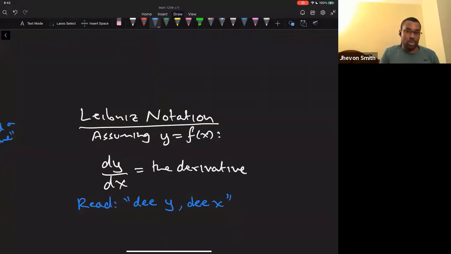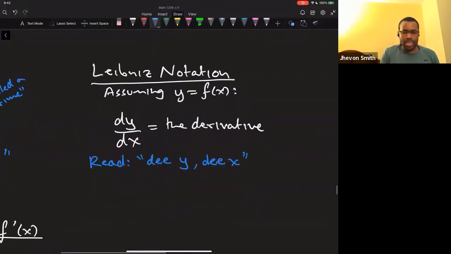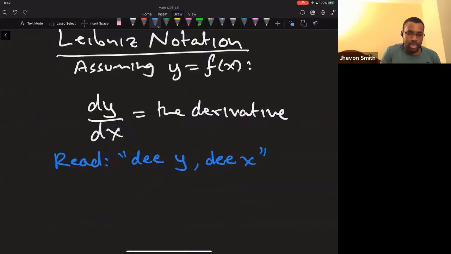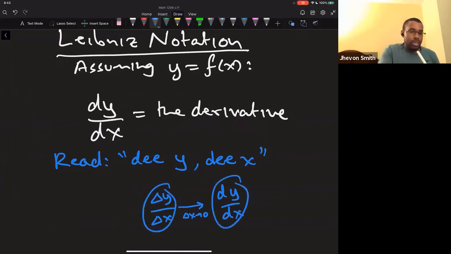He used a different notation. He used this guy, dy dx. That's how this is read. And that's because you're taking the change in y over the change in x, and you're making the distance in x go to 0, and you get dy dx. So he went from the Greek letter delta to the English letter d, and that's how he decided to do that.